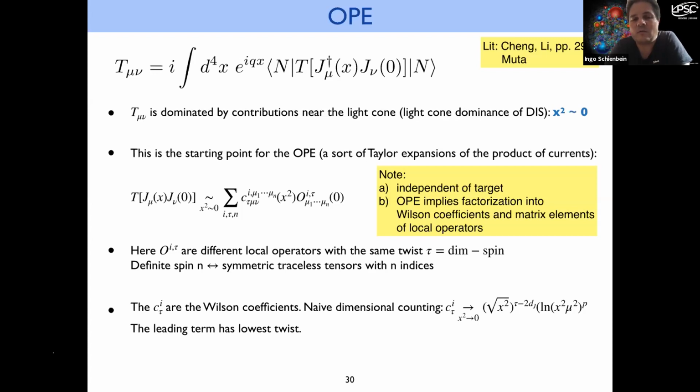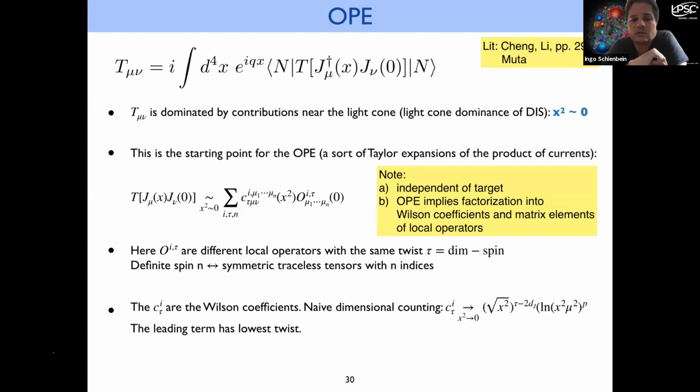Without saying it, we are looking at operators with definite spin n, because we have n Lorentz indices, and we take symmetric traceless versions of them, so that they are operators of definite spin. So we know the spin of this operator, which is n, and we can calculate the mass dimension of the operator, and the difference is called the twist.